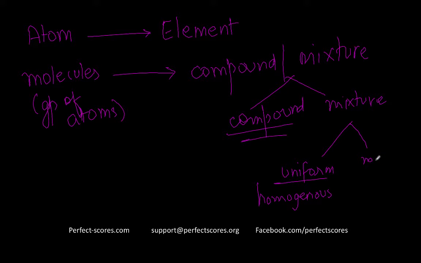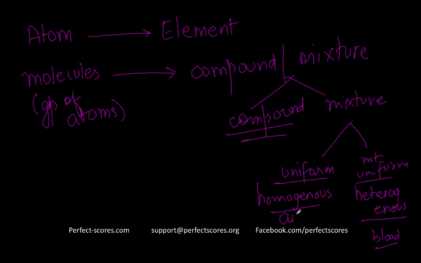If it is not uniform, for example wood, or for example blood, that is a heterogeneous mixture. Example of a uniform mixture, let's take sugar dissolved in water, or air, for example.